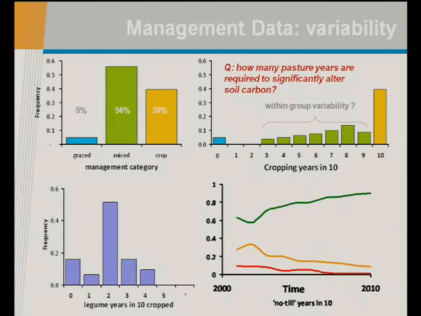And that final little schematic is a look at the trends in tillage management over the last 10 years. And we can see the adoption of no-till and reduction in conventional till and minimal till across the region.